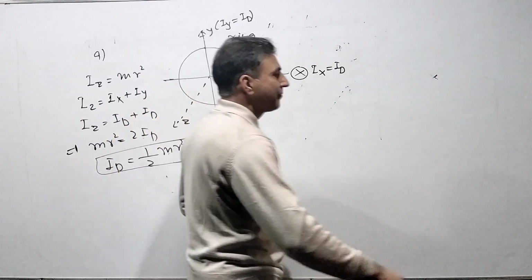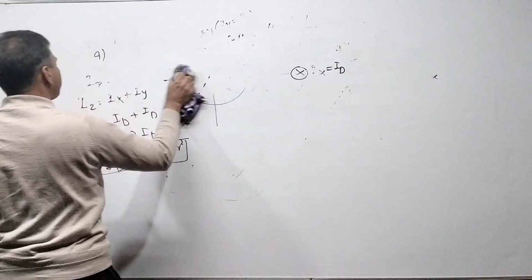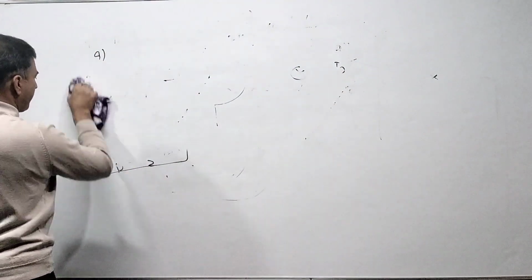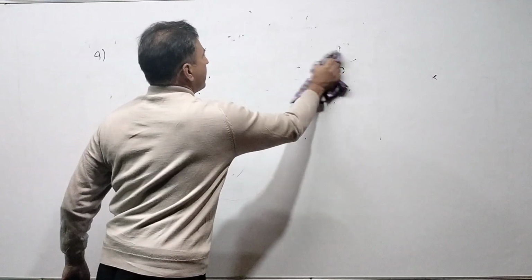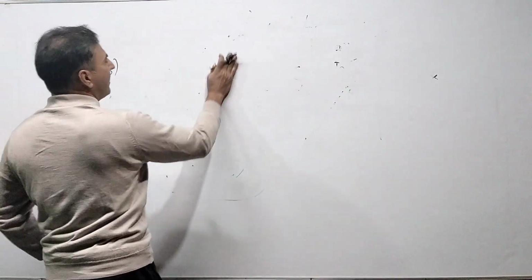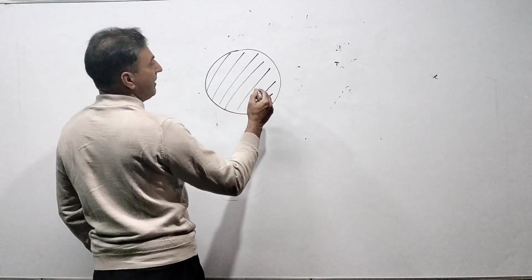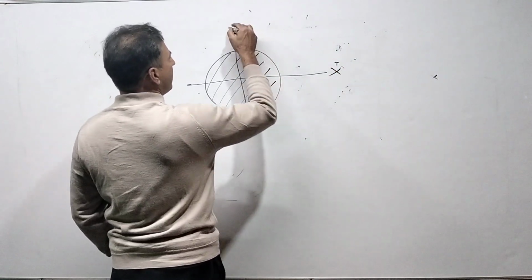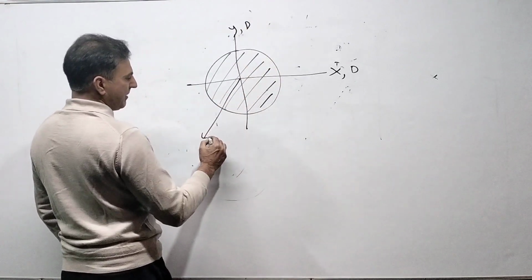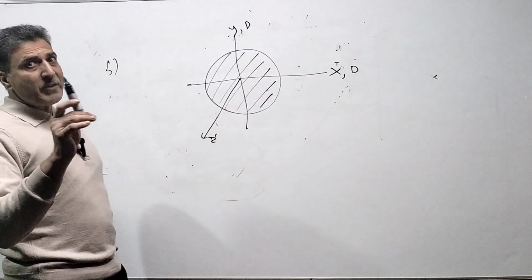Okay, second example. If this is a disk, it is the same pattern as the previous example. This is the x-axis and this is the y-axis. This is also a diameter, and this is the z-axis. I want to know the moment of inertia of a disk about the diameter axis, not about the axis perpendicular to the plane.